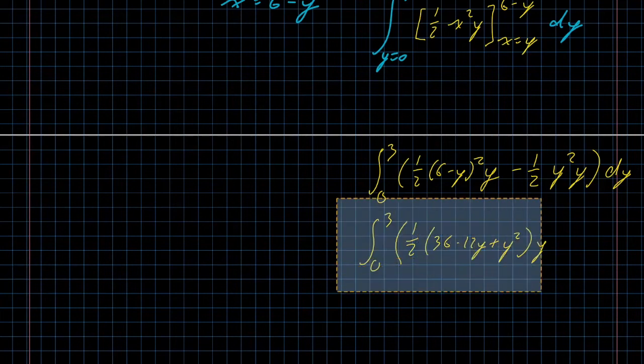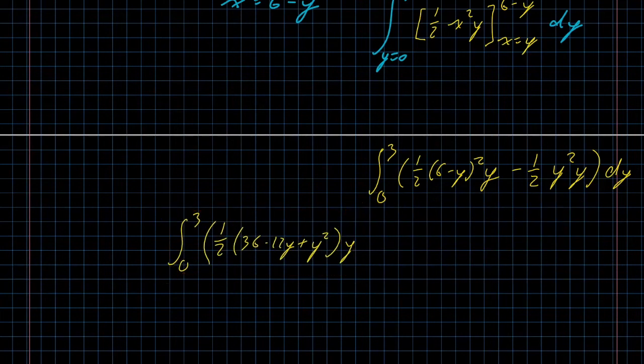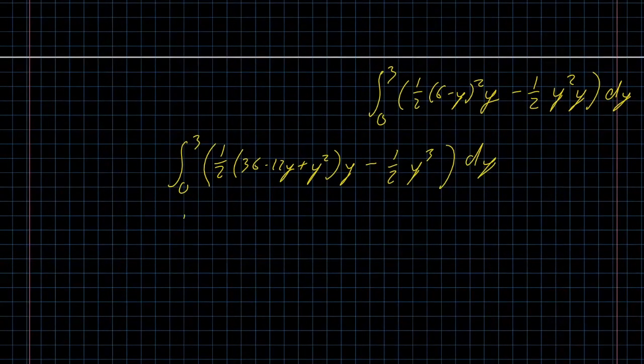I should slide this over so I have some more space to work. Half of 36 is 18, and then multiplied by y, it'll be 18y.